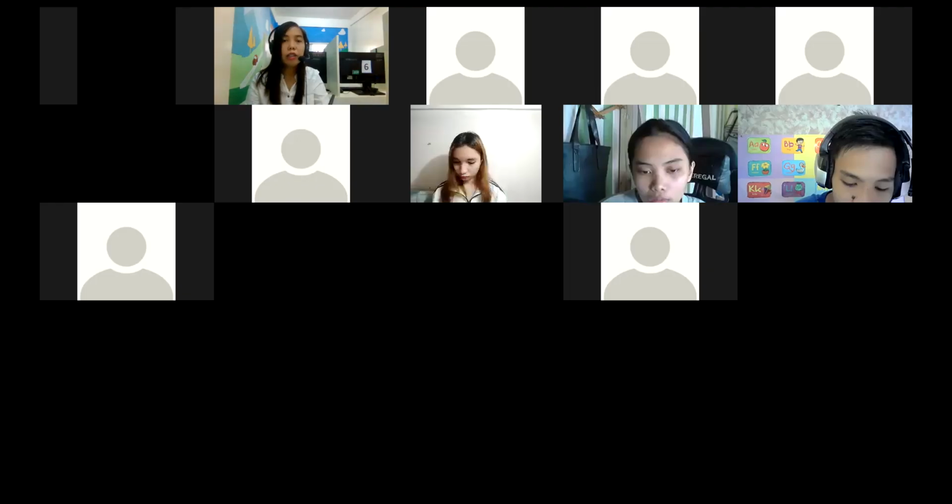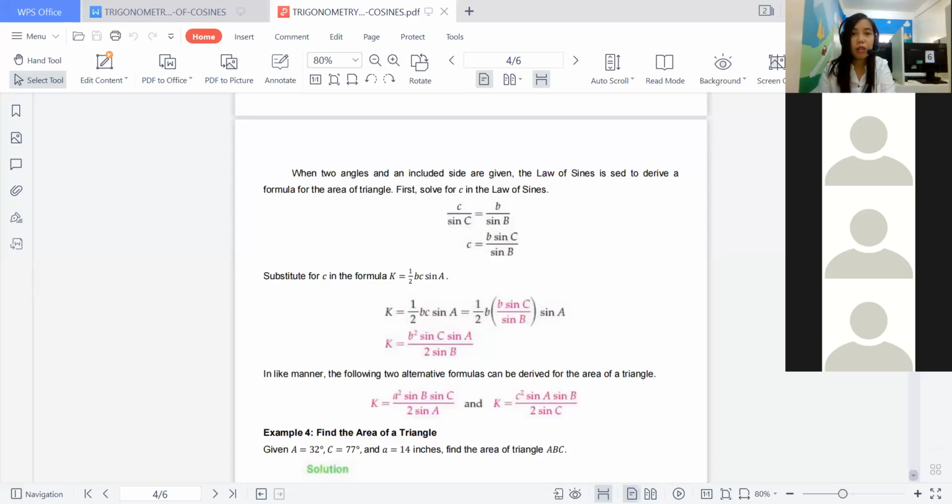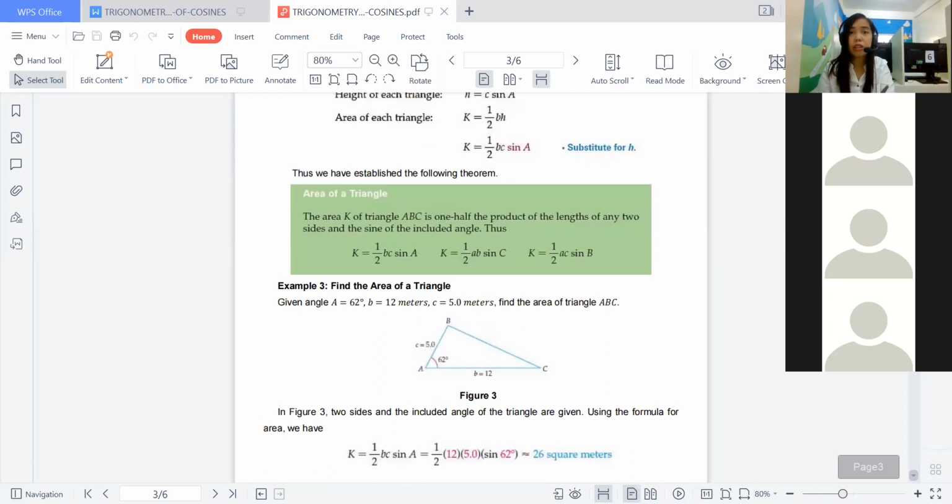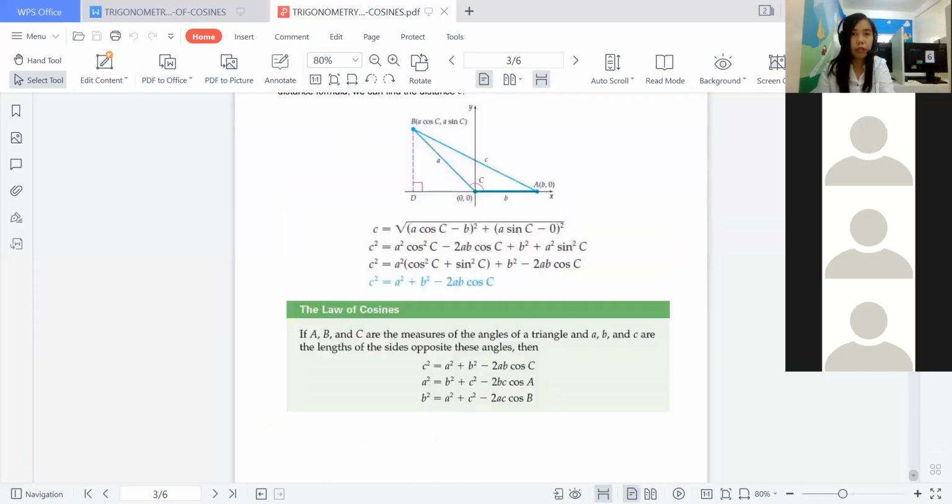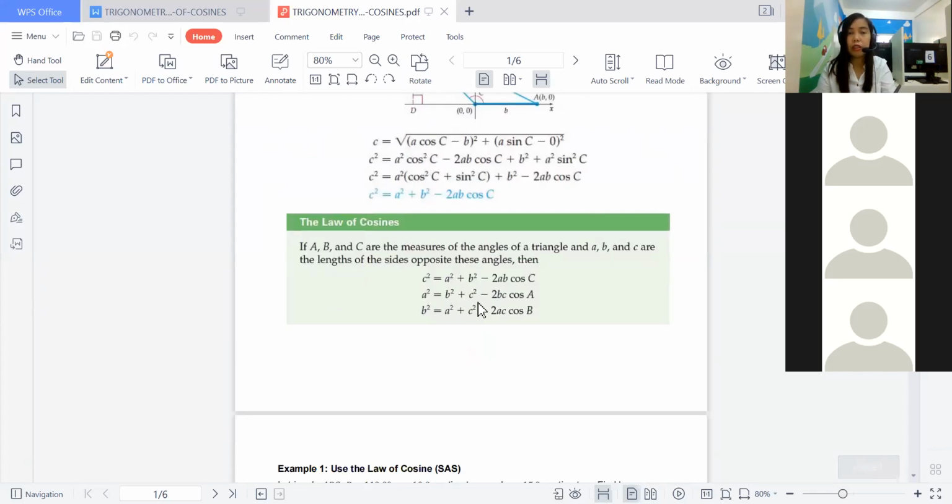Pakita ko. Kindly screenshot first yung mga formula. Para mamaya, screenshot muna natin yung sasagutan nyo. Kasi hindi ko pa maisisend sa meeting kami ng 9 o'clock. Kala ko kasi hindi ako kasama. Anyway, kindly screenshot first the formula. Okay. This one.